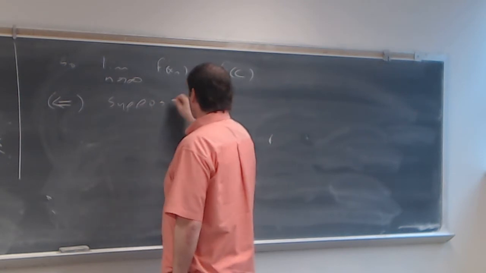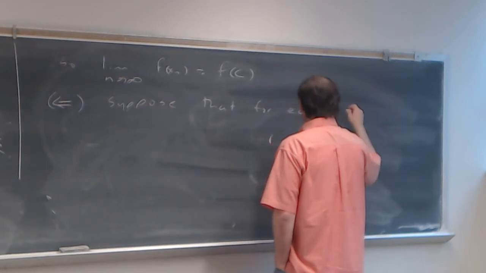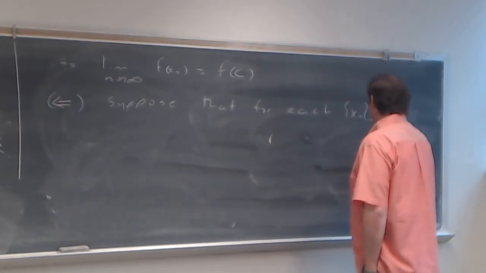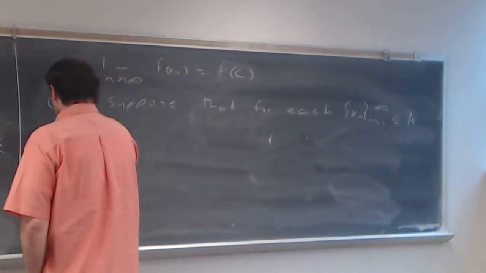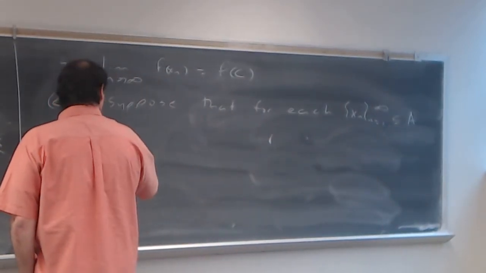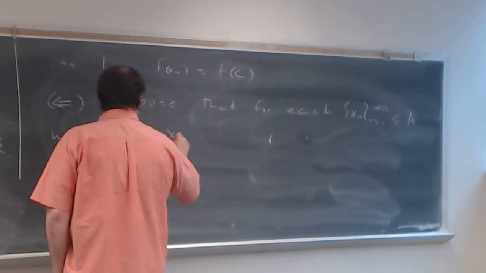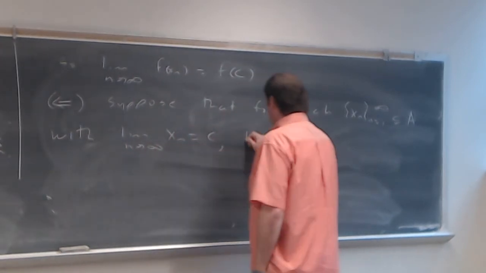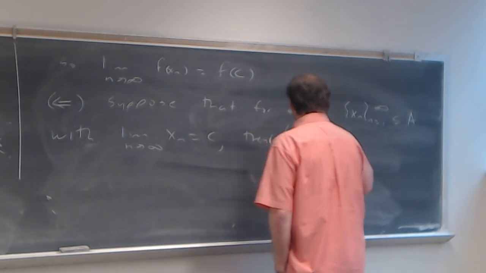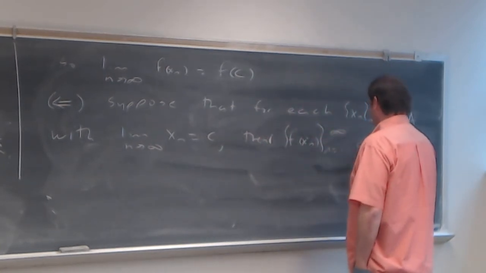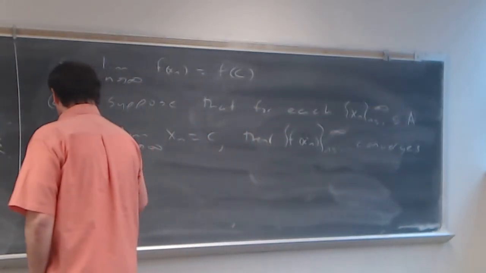Suppose that for each sequence x sub n that's a subset of A with the limit as n goes to infinity of x sub n equals c, then it forces that f of x sub n converges to f of c.